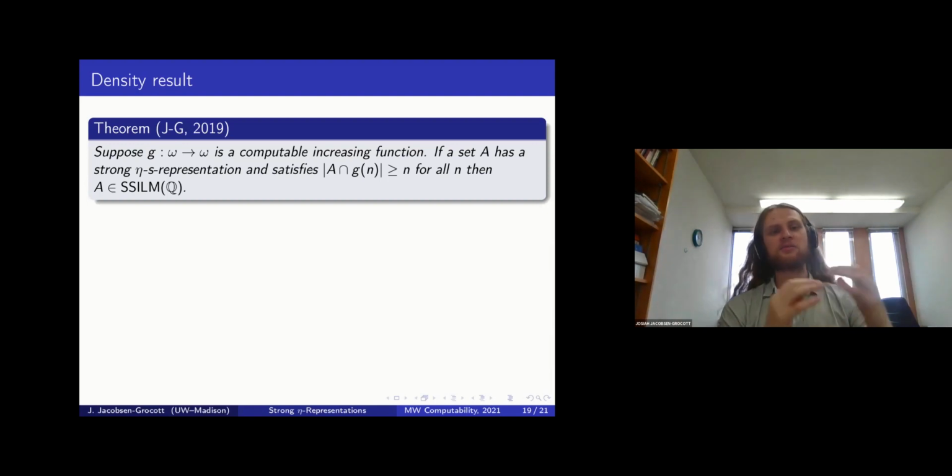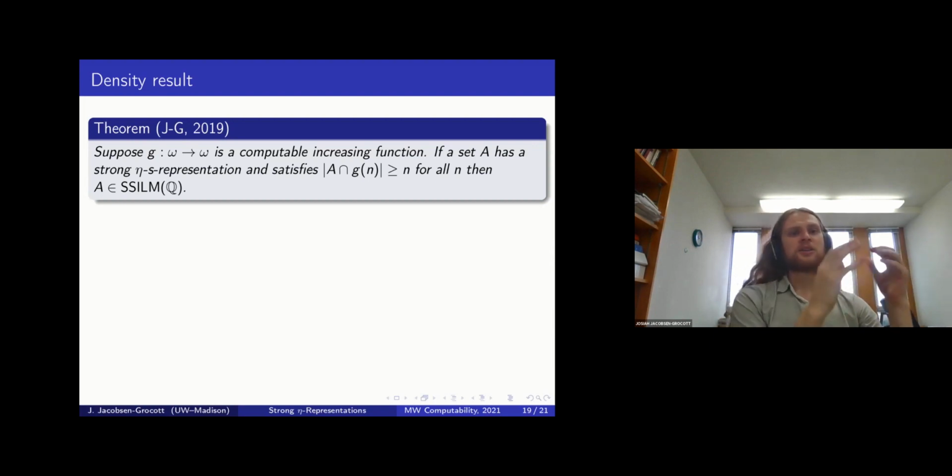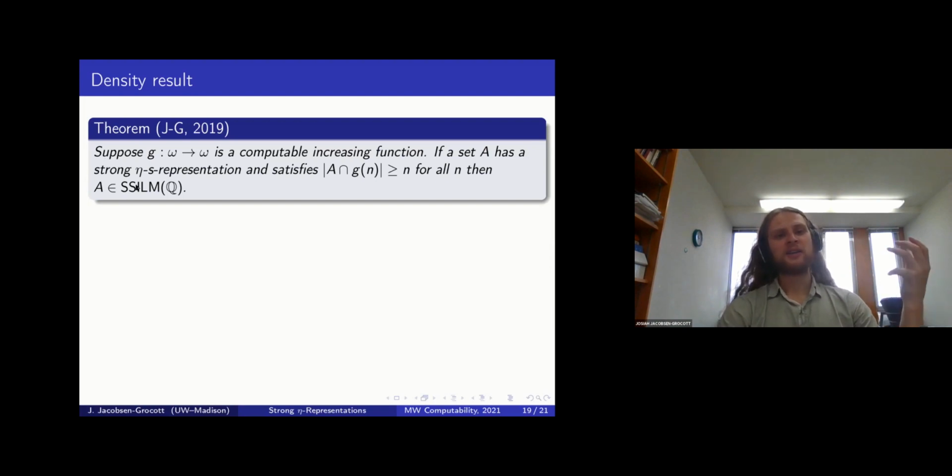All right, so that was the closest I got to characterizing the sets. But if we look at degrees, we can do a bit better. There's a nice density result I got for strong eta representations in S-SOM.